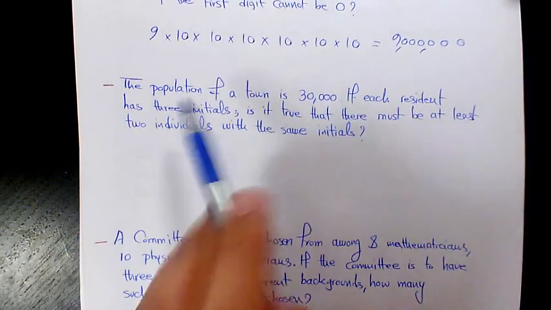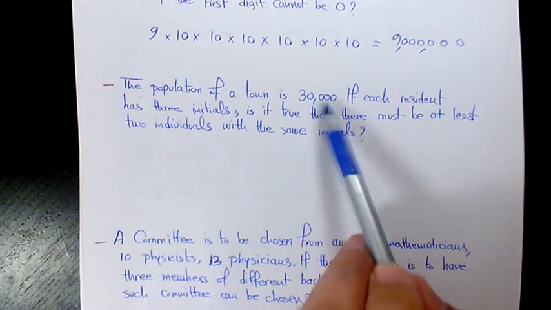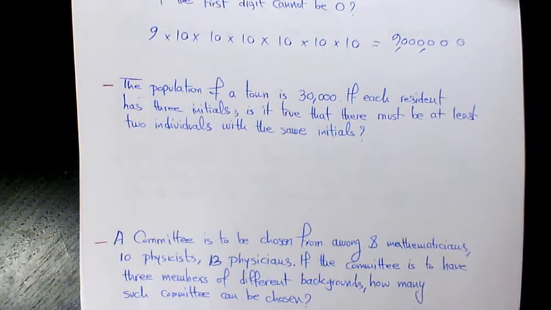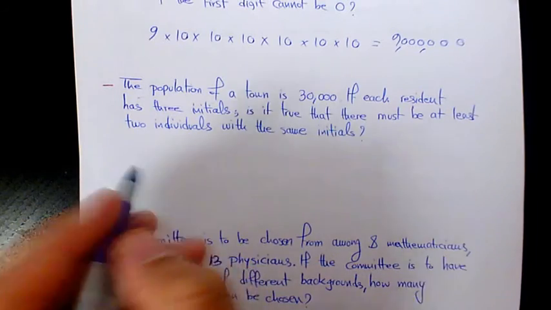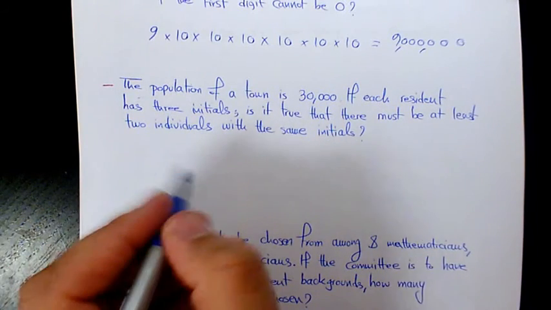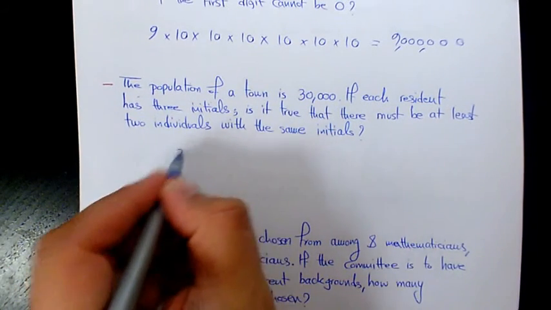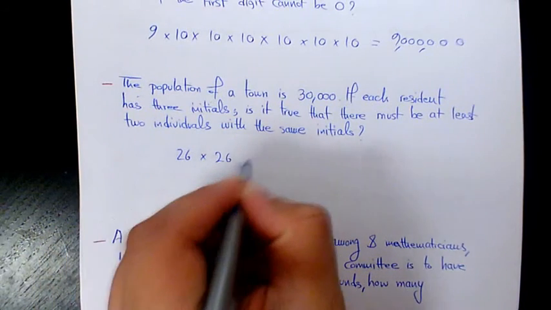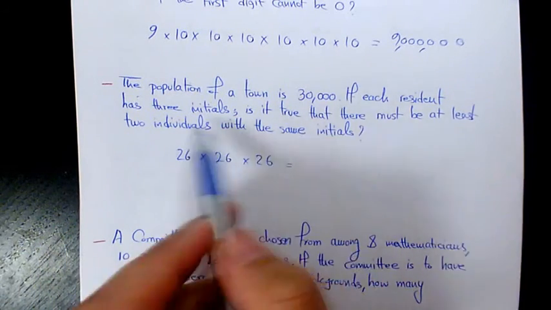Next one. The population of a town is 30,000. If each resident has 3 initials, is it true that there must be at least 2 individuals with the same initials? Basically, the number of letters in the alphabet is 26. So 26 times 26 times 26 for 3 initials.